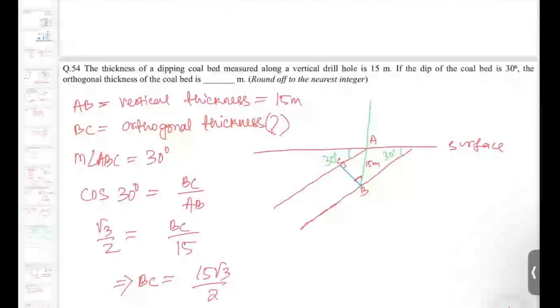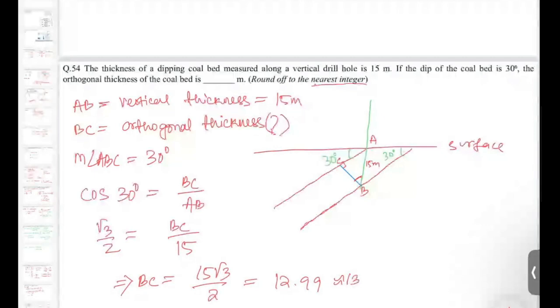Can you please calculate what is the value? Twelve point nine. Yeah, it should be 12.99, and you have to write to the nearest integer. So it should be equal to 13 meters.